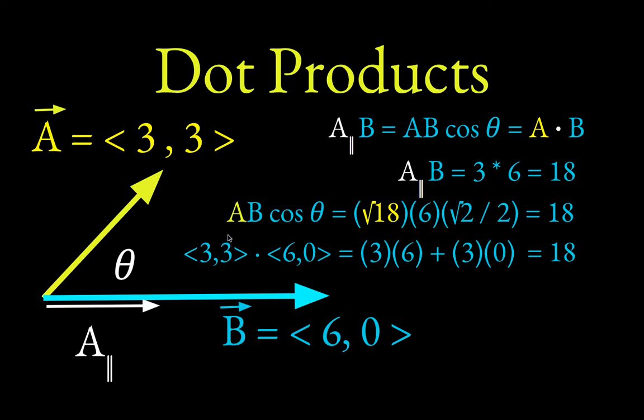Multiply the y components together, 3 times 0, store that number in the bank, and then simply add them together. 3 times 6 plus 3 times 0, or again, that would be 3 times 6, the x components, multiplied together, plus the y components multiplied together, 3 times 0. And that gives you the same answer of 18. So those are 3 different ways of actually doing the same thing, which is taking the dot product of 2 vectors.